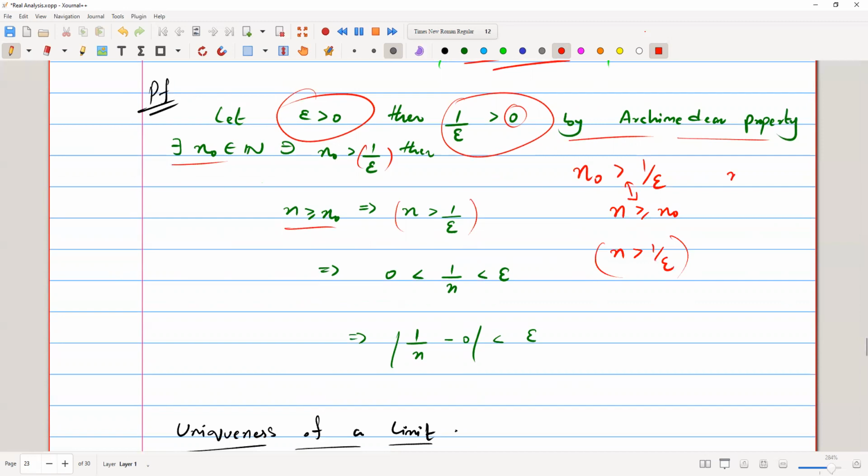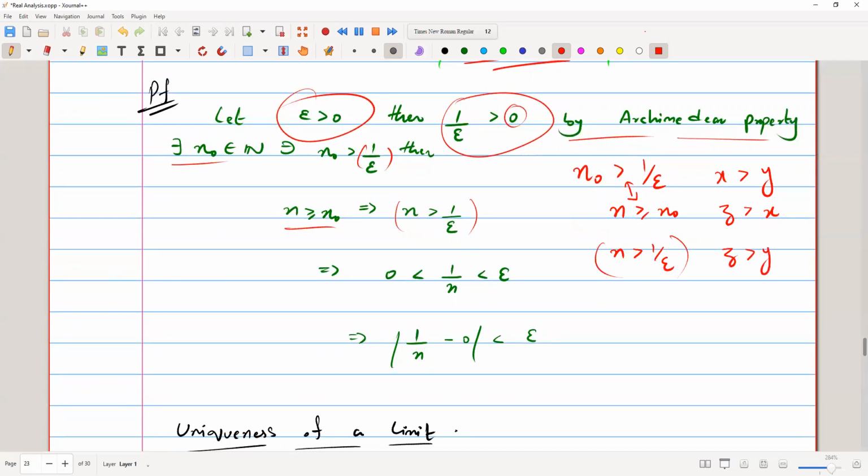It's just like if z is greater than x and x is greater than y, then we can say that z is greater than y.